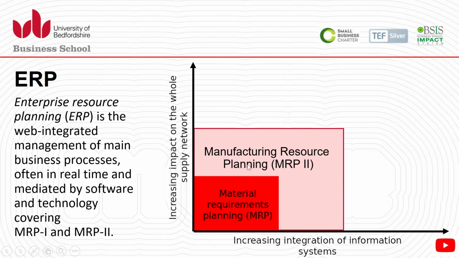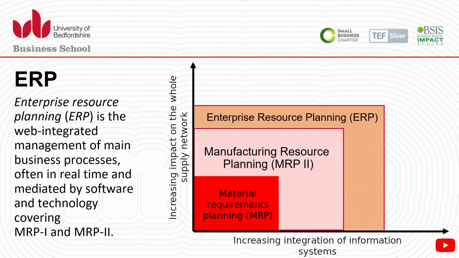So manufacturing resource planning is the second level within the ERP, and then we have the overall enterprise resource planning, which integrates across different units of the business: sales, marketing, accounts, human resource, and all other material, within manufacturing and procurement. All these systems are now integrated, web-based, as cloud computing for example, and all the business processes perform in real time.